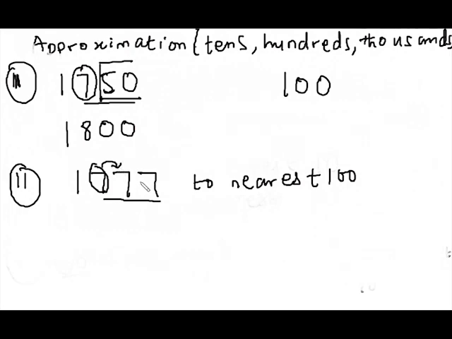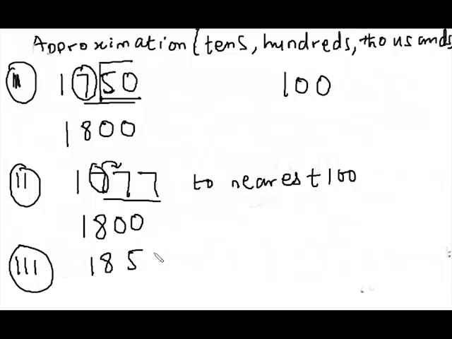So we are looking at the number before that number, which is this 7. That's the one that's going to be rounded up or down to add to this one. So this is simply 7 rounded up is 1, added to this one is still 1800.